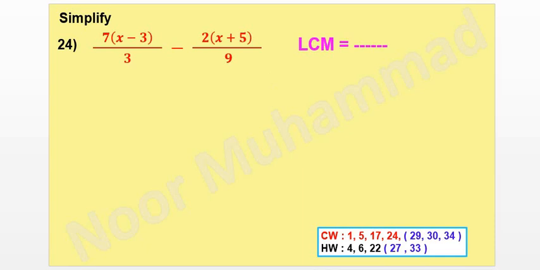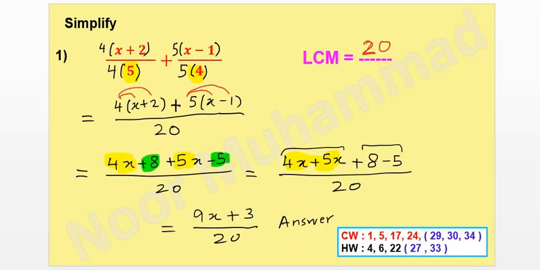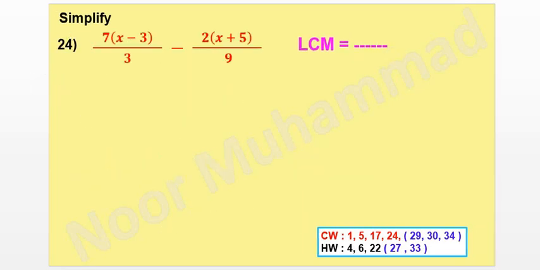Again, a little bit new, but you can also change the same question into the question that you were doing in, let's say, question number 1. How? Look at this. How can we change it? If we multiply this one here and this one here, it will give us 7x minus 21 out of 3.